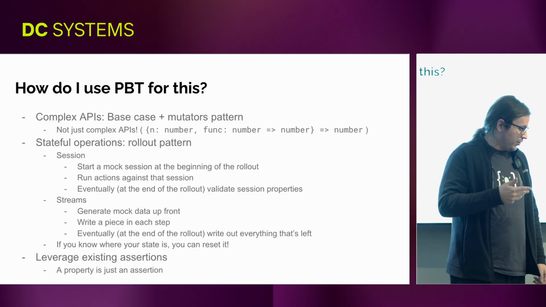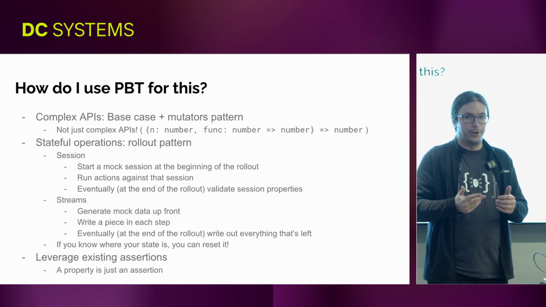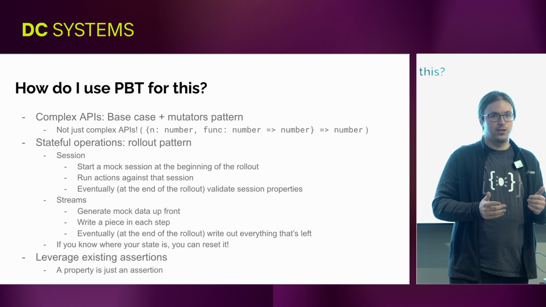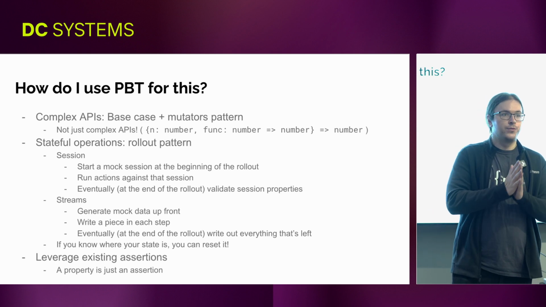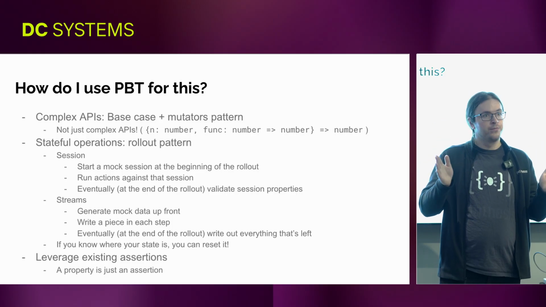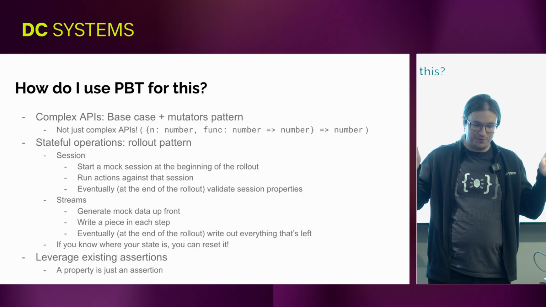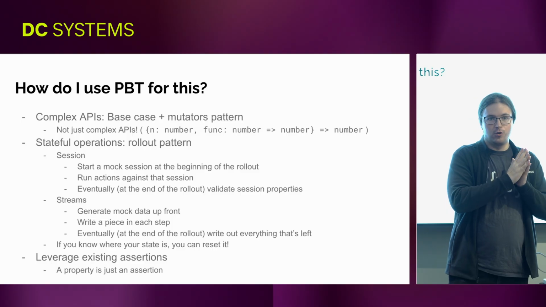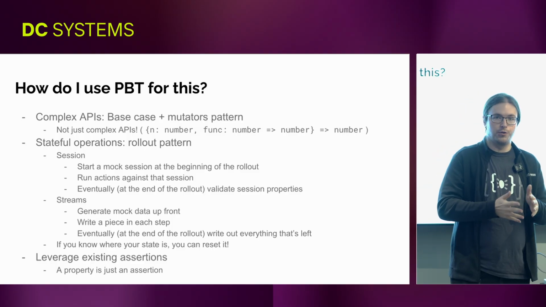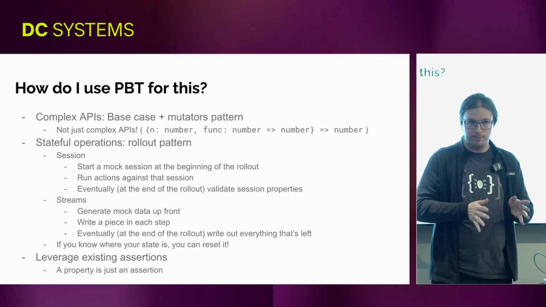For stateful operations, we have the rollout pattern, which I got into a little bit in the context of the path independence test. So it's the same principle. You take some block of time and you say, this is going to be my rollout. So my rollout is going to last for 12 ticks, let's say. On the first tick, you initialize your stateful object, you initialize your global, you can only have one of these per notebook or whatever.